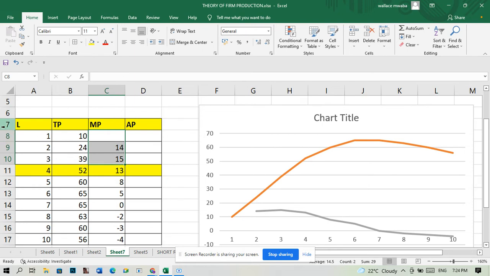Let me just add zeros here so that I can connect this line to here.